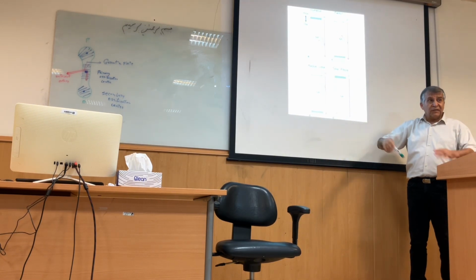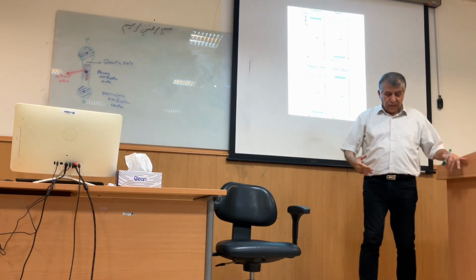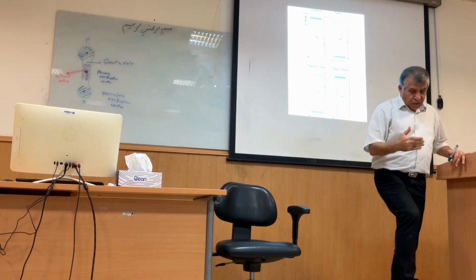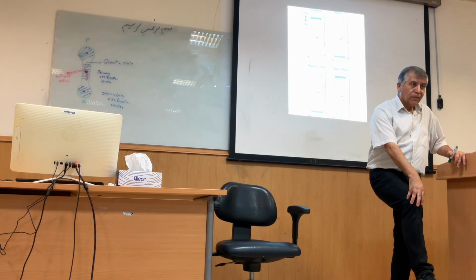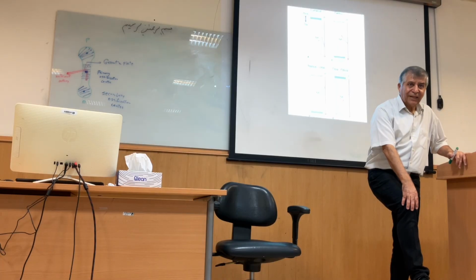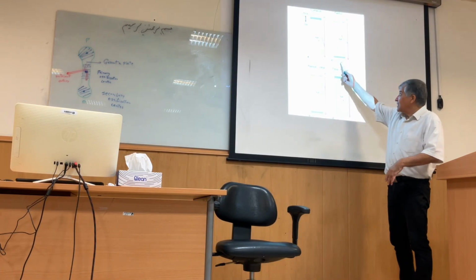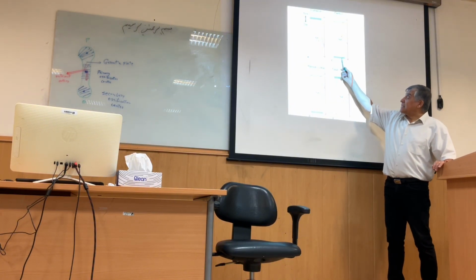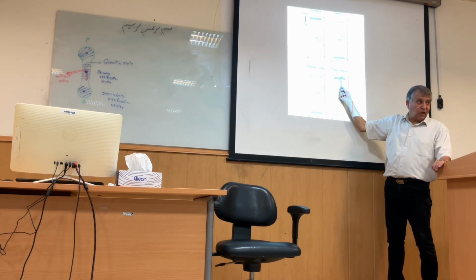In the lower limb it is opposite. The growth plate near the knee is ossified late. You can see here the distal femur and the proximal tibia and fibula are ossified late.